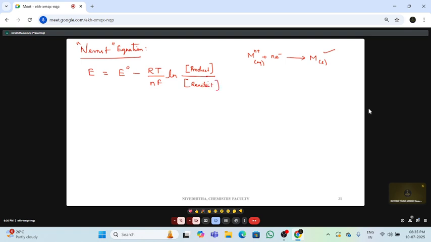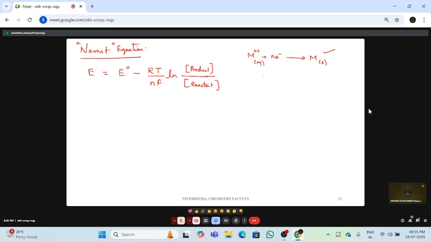So let us find what R, T, F and all that are. We know what capital E and capital E naught are. E is the reduction potential of any metal at non-standard condition, and E naught is the electrode potential of any metal at standard condition. R is the universal gas constant.